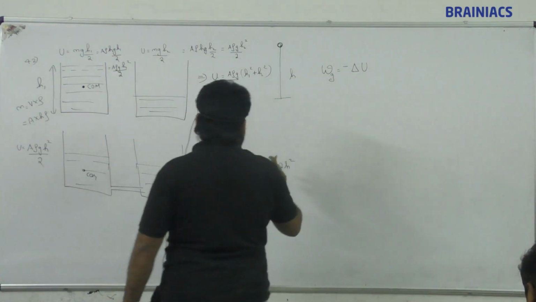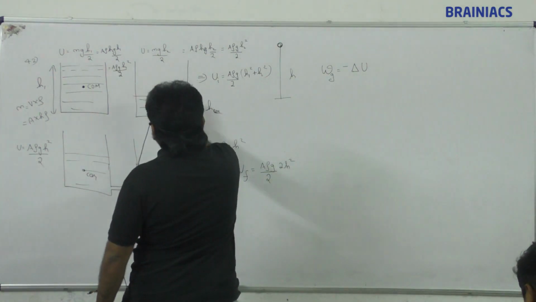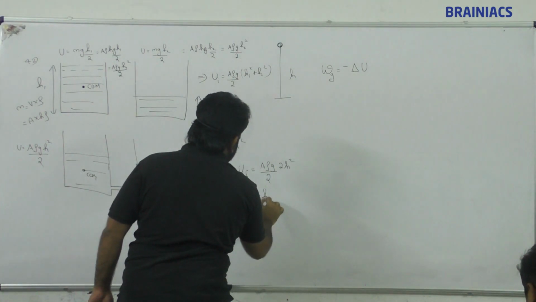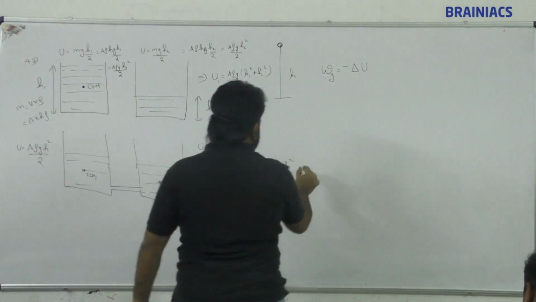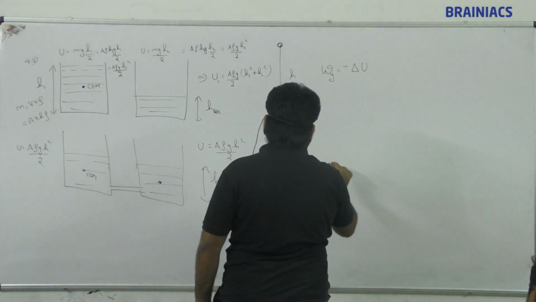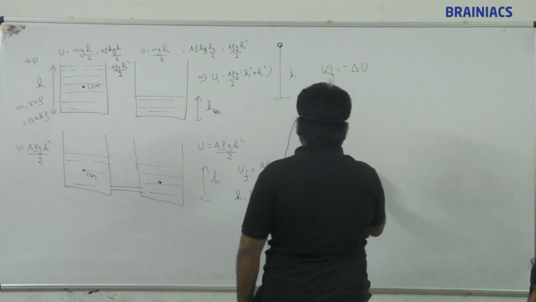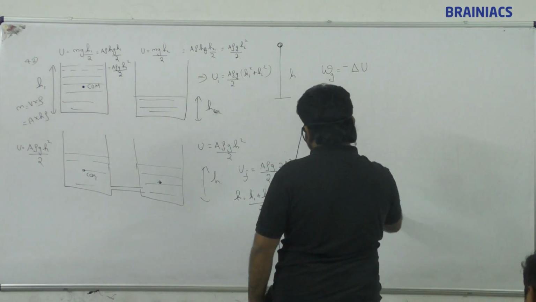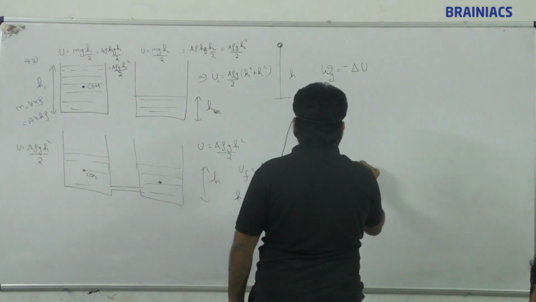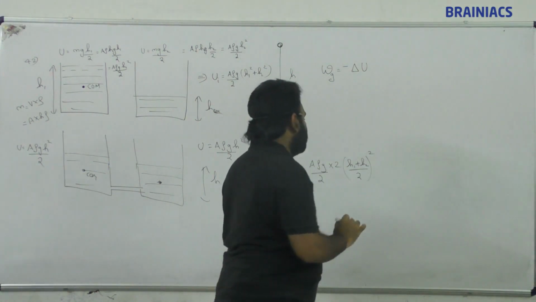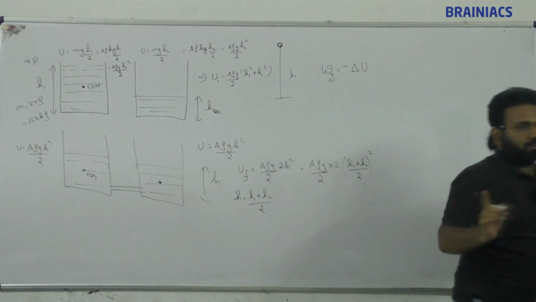Now this h can be written like, whatever be h1 and h2, so if we substitute here, this is going to be A rho g divided by 2 into 2, this is going to be h1 square plus h2 square, plus h1 plus h2 divided by 4 square. Any doubt here? This is how it is going to be.